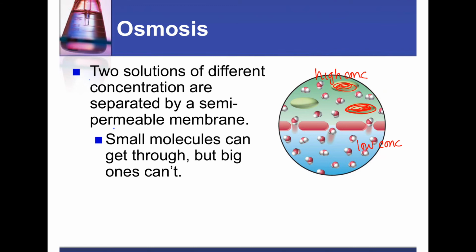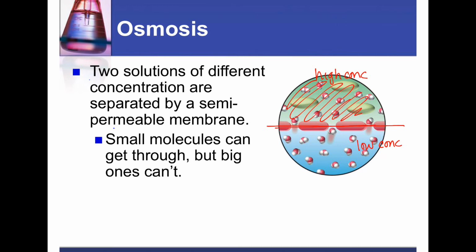So where this happens in nature is cell walls. Cell walls are semi-permeable membranes. They allow some things to go past and other things they keep out. So cell walls and things like plant membranes all work on the osmosis principle. They have nutrients, they have plasma, if it's blood, things like that.